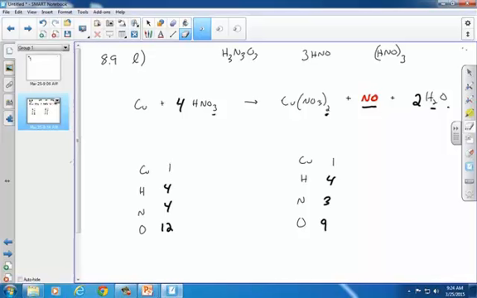So one other hint that you can look for is when you see a group of elements that are bonded together and they're staying together as a group. A lot of times you can look at that as a group, and if you keep that group together in your mind, you can try to balance the number of NO3s on both sides.